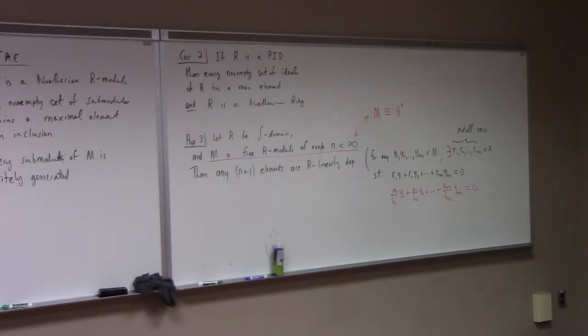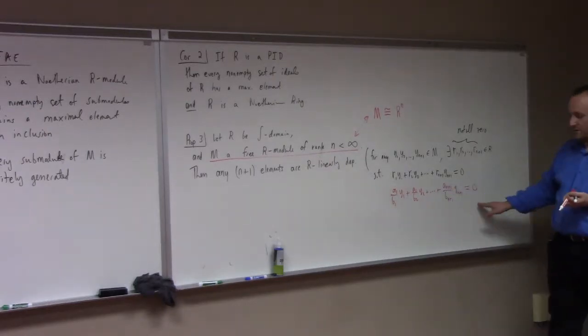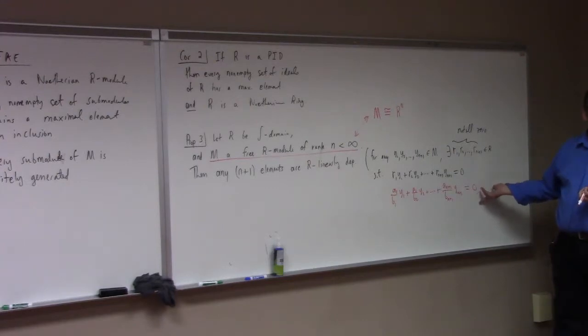And I know I can't have more than n linearly independent vectors in Fn. We know this from linear algebra. But anyway, the point in his proof is that if you had such a linear dependence in the field of fractions, what could you do?